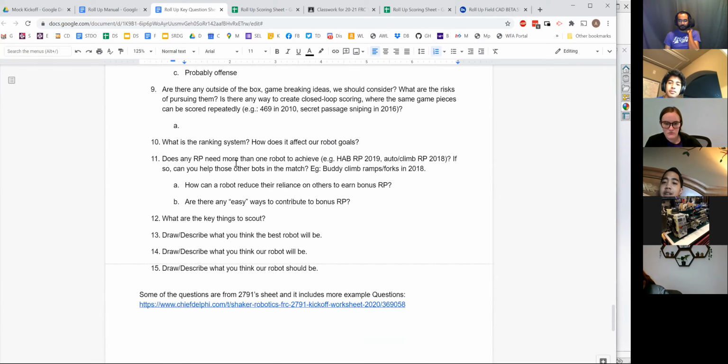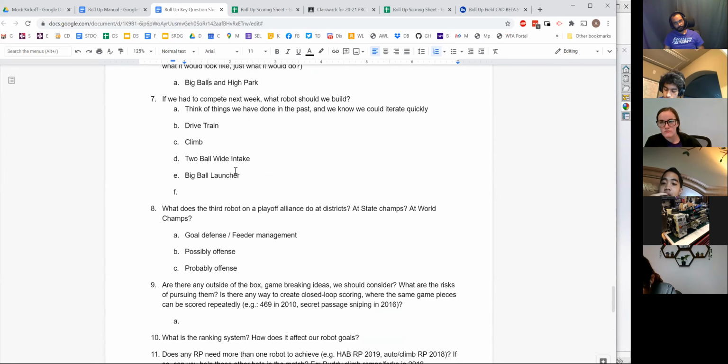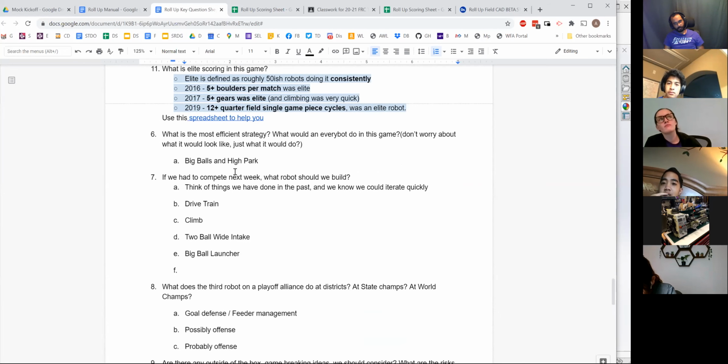But what do you think most people are gonna do, more small ball climb types or small ball defense? I mean, by saying big balls are the everybot, we're assuming that more people are doing big balls than small balls, right? Because we're saying the big ball task is the more efficient task to do.